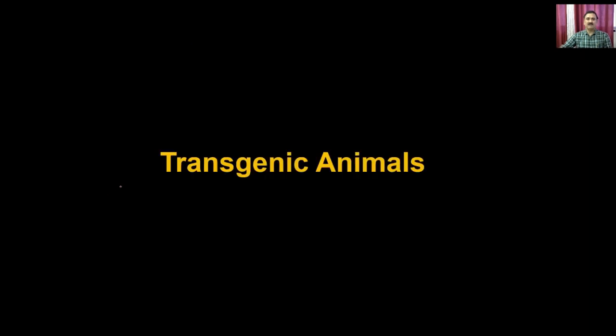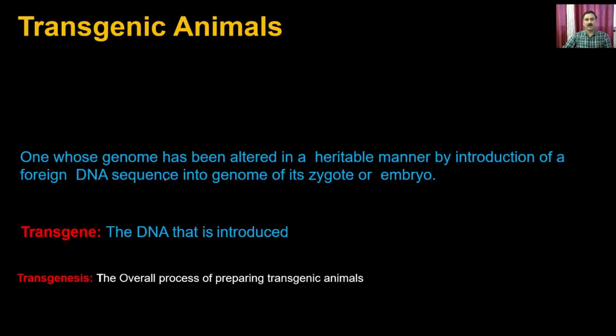So what is meant by transgenic animals? Transgenic animals are the animals which carry a gene from a foreign organism. What this means is that you alter the genome of these organisms in such a way that it is heritable.